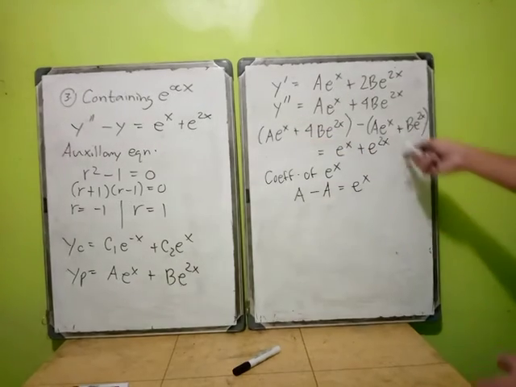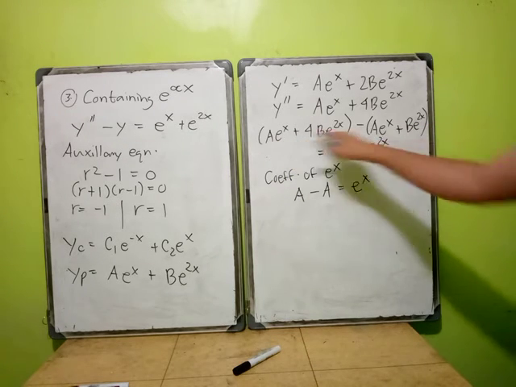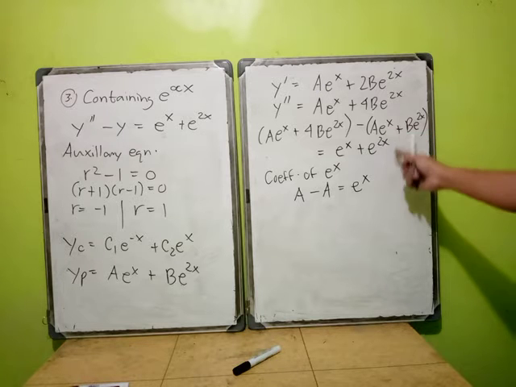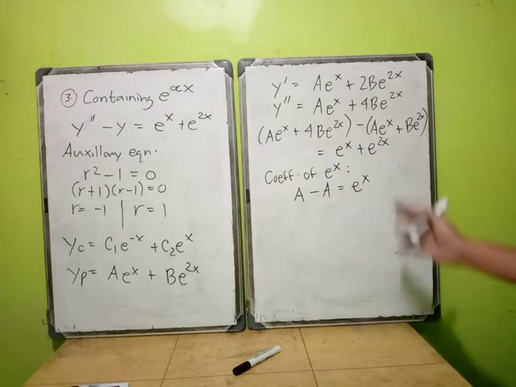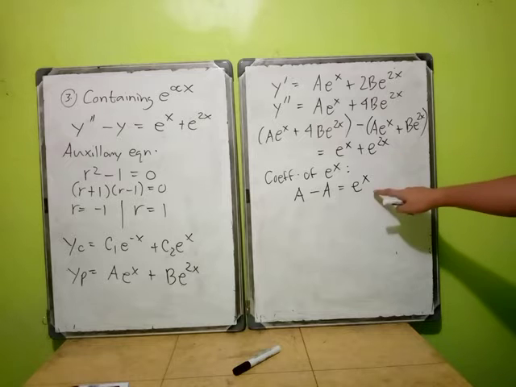Therefore, we could not get e to the power of x here because a minus a will be equal to 0. So this is undefined. We could not obtain it in terms of e to the power of x.